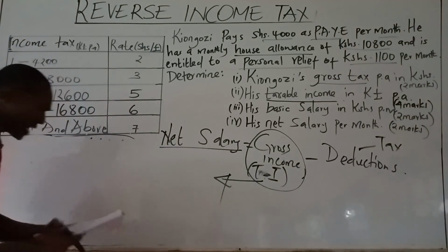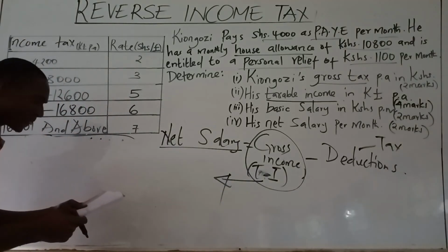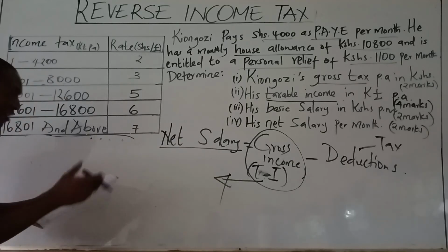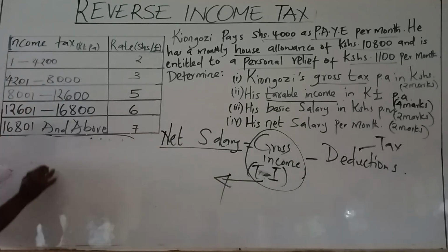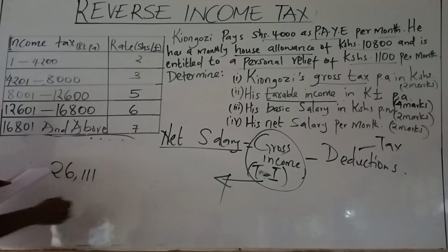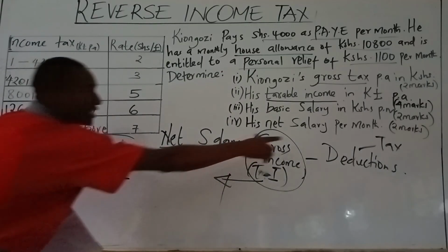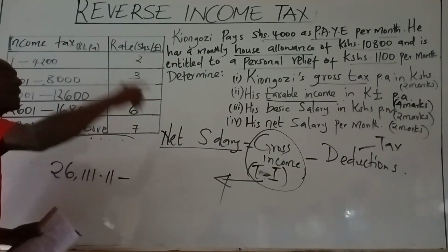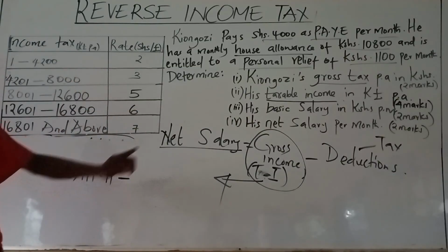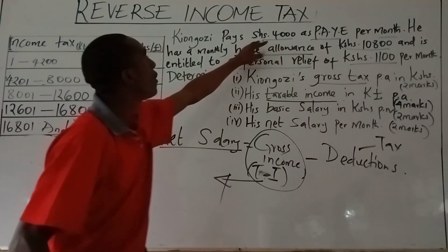But we have already done that one. We got 26,111.11 as our gross. That is the inclusion of basic salary plus allowances. Then we subtract deductions, and there is only one deduction in this question, and that one is the tax, 4,000.